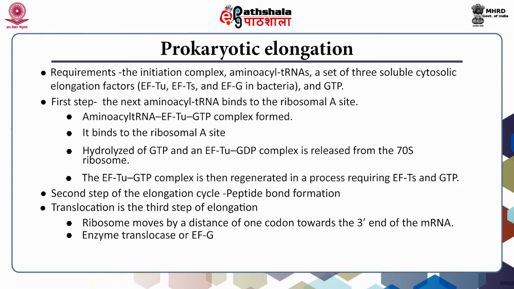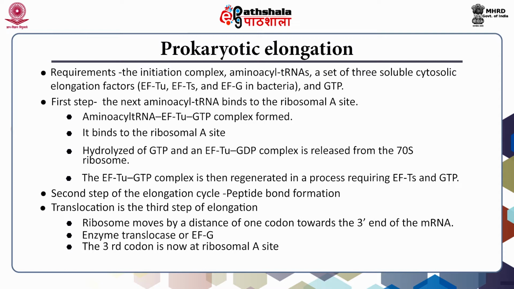The reaction is catalyzed by the enzyme translocase, or elongation factor G, in a reaction requiring energy from GTP hydrolysis. The third codon is now at the ribosomal A site and the ribosome is ready for the next elongation cycle.